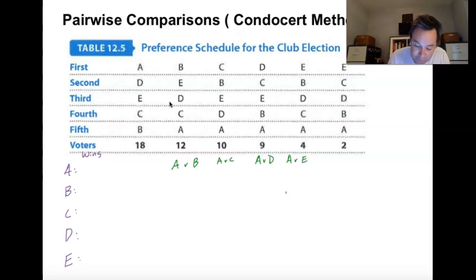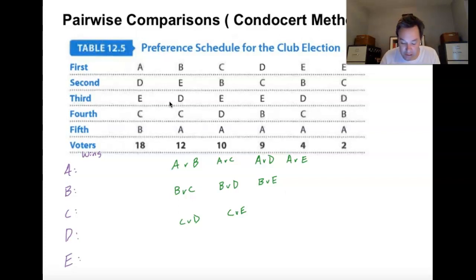Then we have BvC, BvD, and BvE. Then we have CvD and CvE, and I think that covers everything.